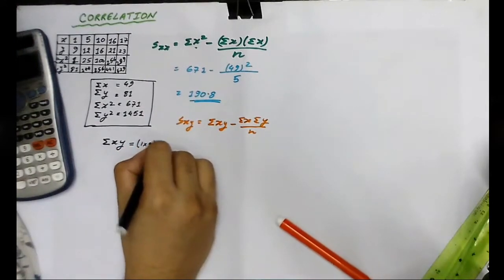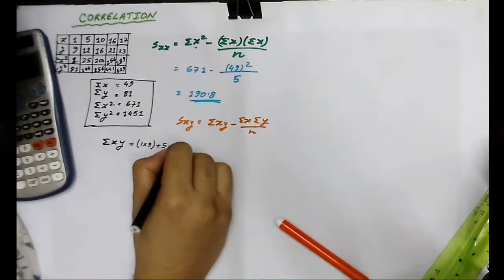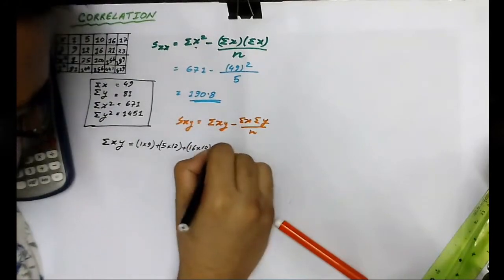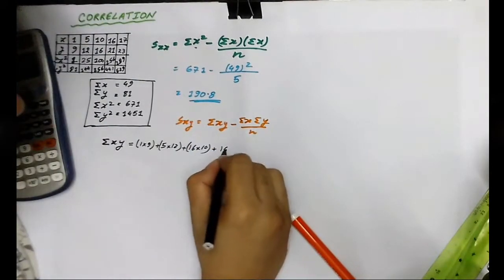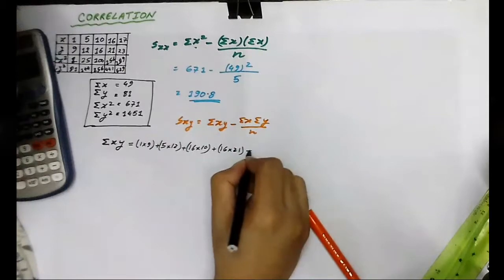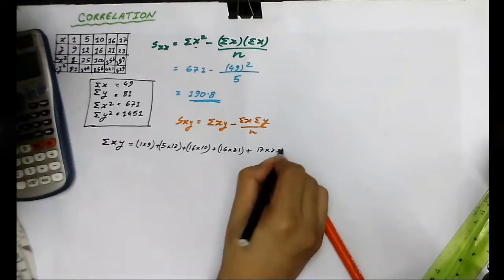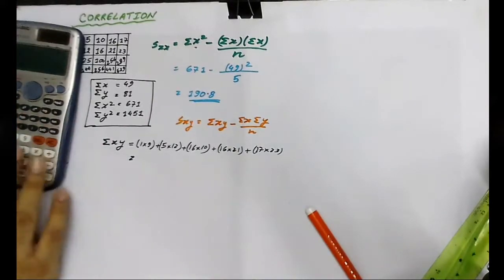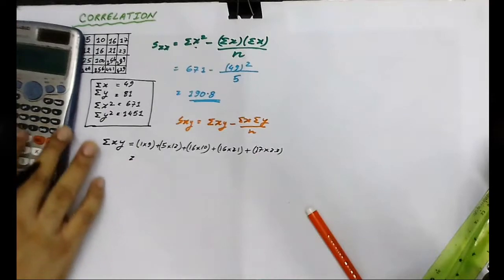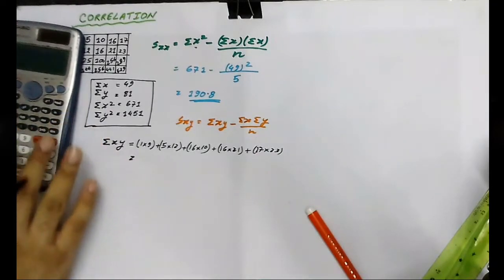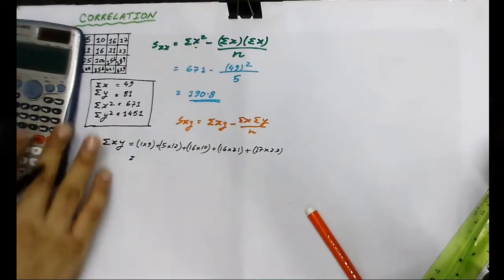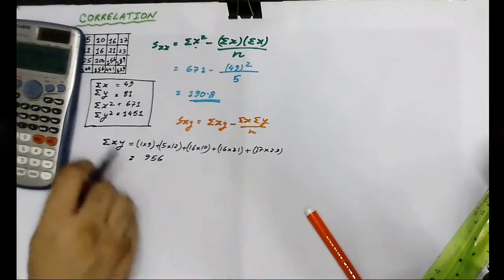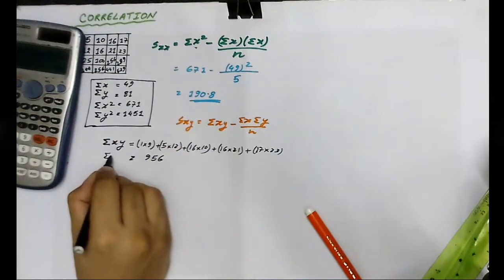In this case, we will just multiply every value of x and y, and then simply add them up. So the total for this is 956.